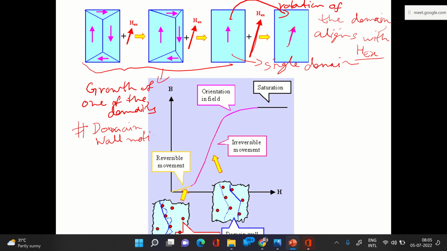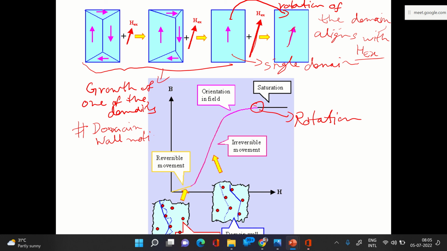So when you are reaching here, if you further dissect the things, between this pink and black, this situation is the rotation of the domain.